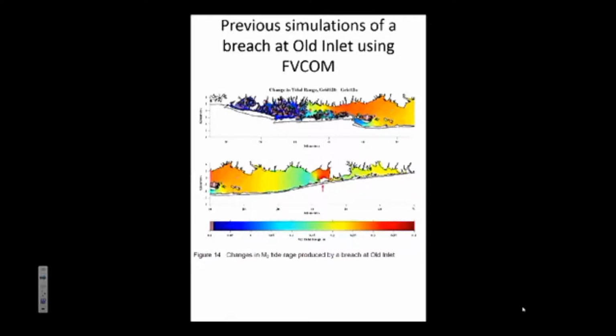This picture shows the change in the M2 tide range produced by that relatively large breach at Old Inlet. And what we see, this scale goes from about 0 to 0.4 meters. So it's quite a large change, and this is the change that we see, maximum change in Bellport Bay, but we also see change further to the west in the interior of Great South Bay and further west still. So that old breach did produce a very substantial change in M2 tide range.